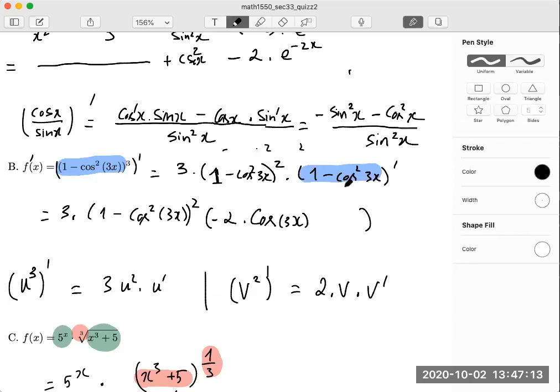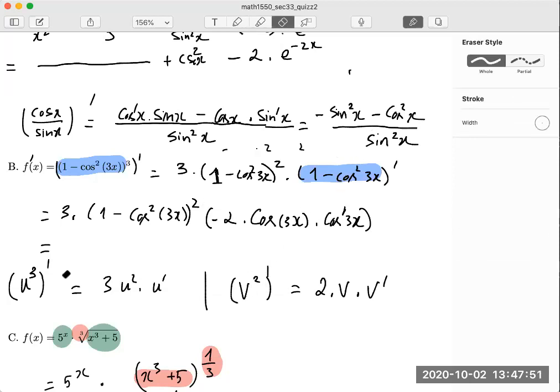And v in this case is cosine 3x, okay? Then, okay, write it here. Very good. And one more time, we need to compute the derivative of cosine 3x, which gives us cosine 3x, because here it is v squared.